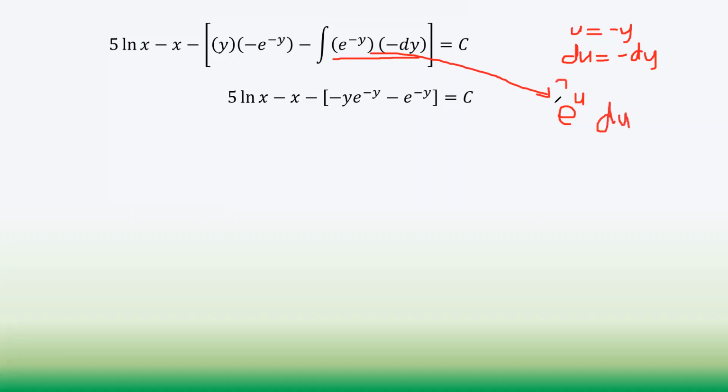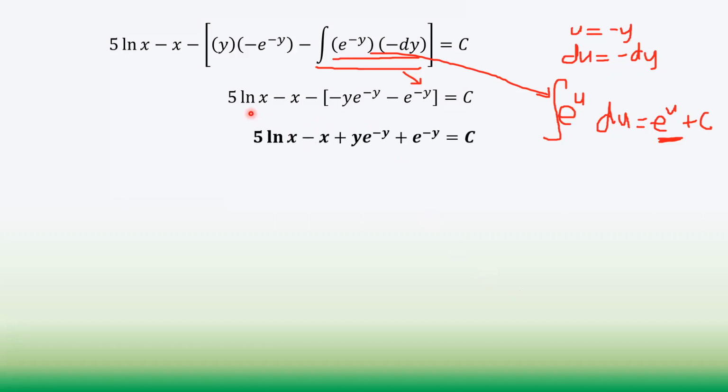And meron ka integral ng e raised to u du na equal naman sa e raised to u plus c, pag formula natin sa integration lang. Kaya meron tayo ngayon dito e raised to negative y. So, equals c. Okay. Now, removing grouping symbols, we will have 5 ln x minus x plus y e raised to negative y plus e raised to negative y equals c.